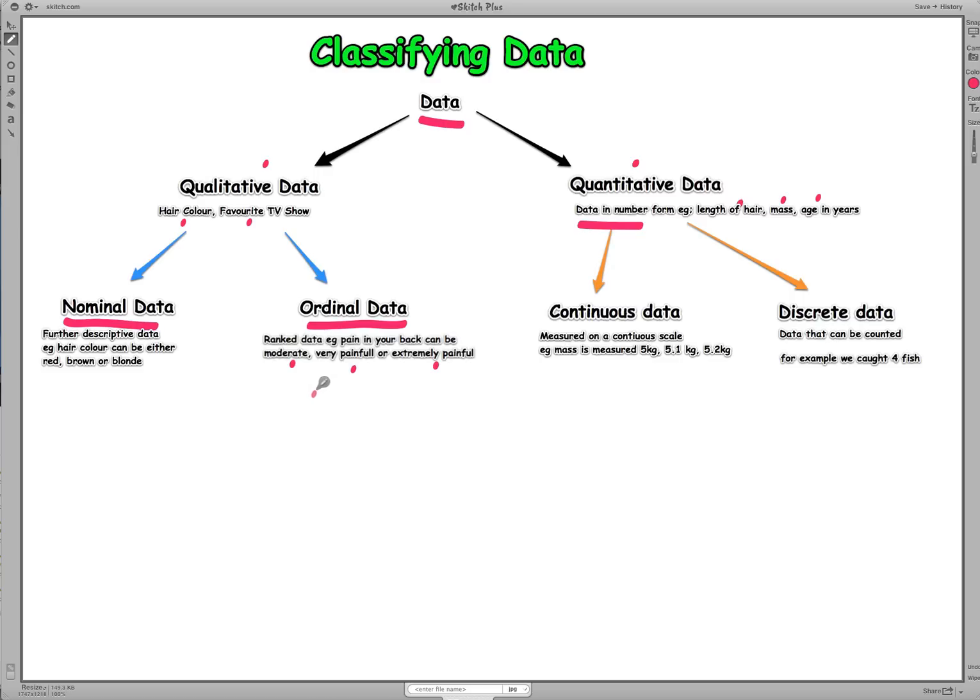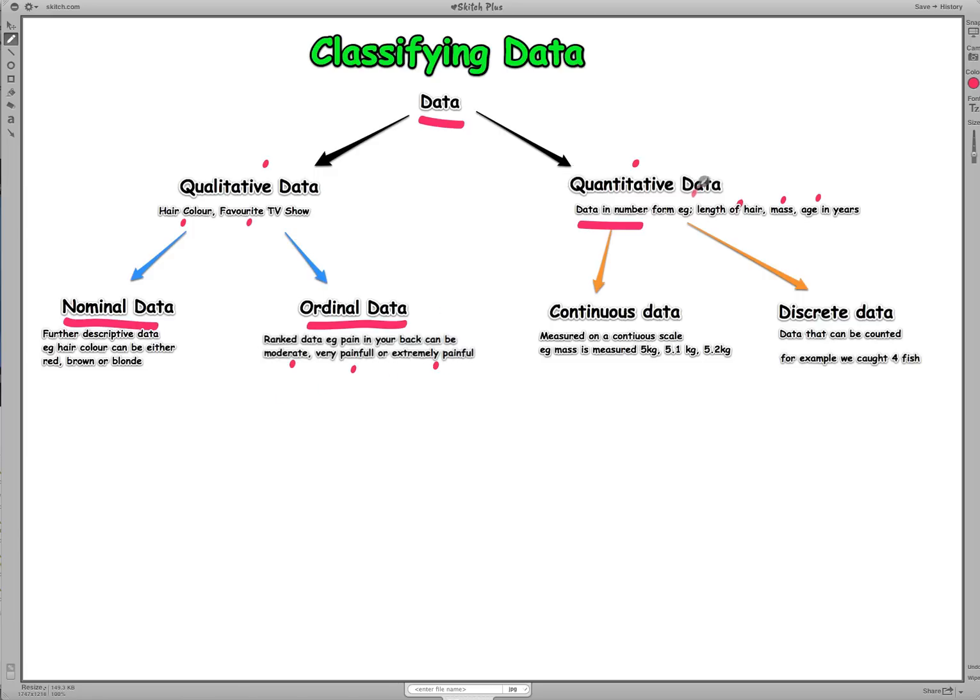Obviously you could rank it more ways, but just say, for example, you went to your doctor and the doctor said to you, okay, Simon, you've got some back pain. On a scale of moderate, very painful, or extremely painful, where would you rate your level of back pain? So my level of back pain is ordinal data in that it can be moderate, very painful, or extremely painful. So there's your 2 categorizations of qualitative data.